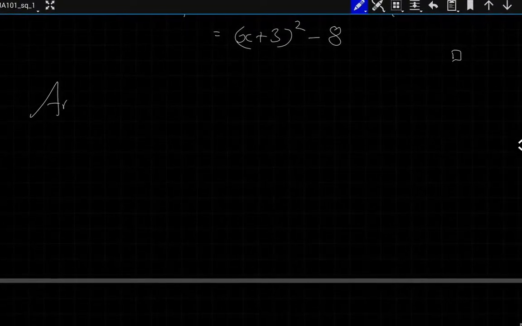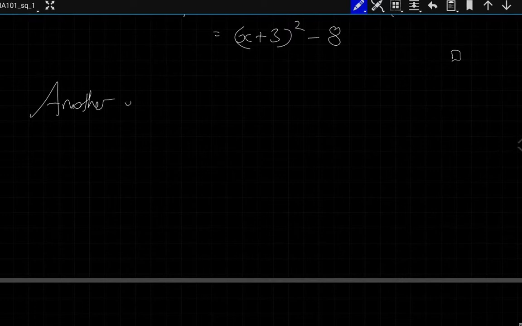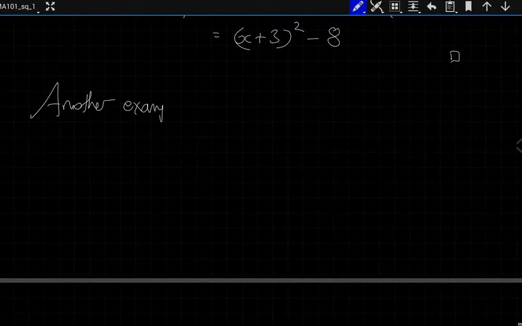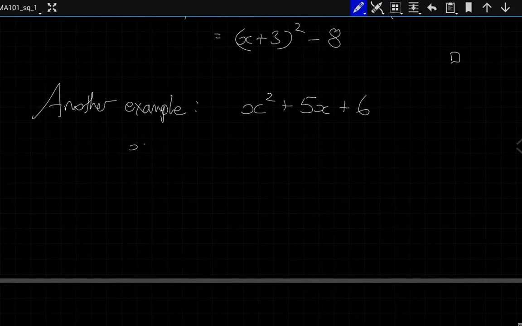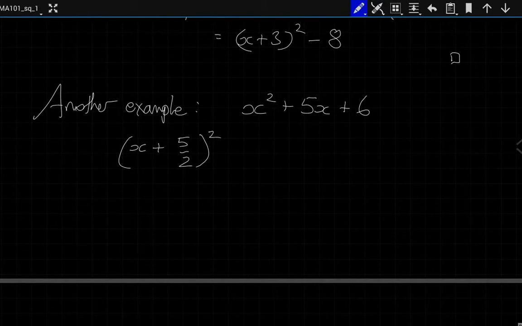Another example. X squared plus 5x plus 6. So again, the first step is to take the middle term, divide the coefficient by 2, add x and square.